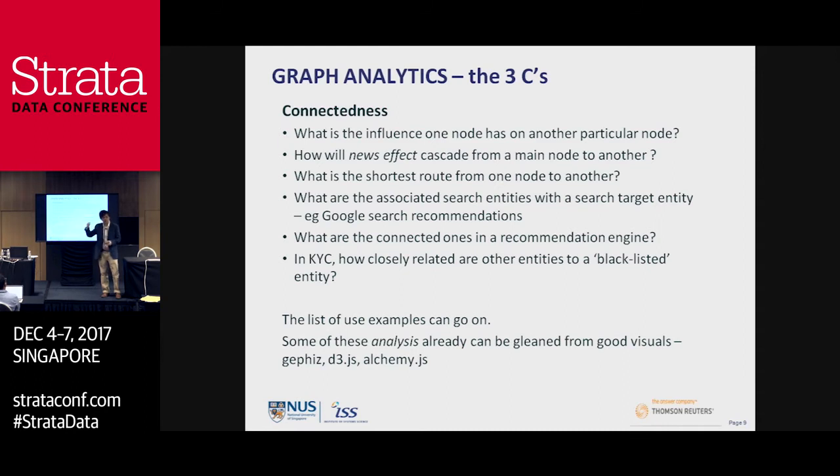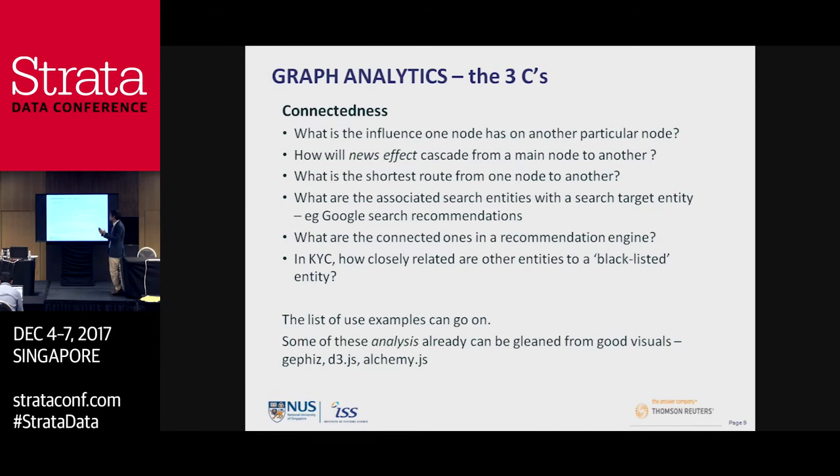It could be an offshore company that's related to the actual blacklisted company, and even some degree of separations. So by using a network, we are essentially using a net instead of just a fishing rod to identify the blacklisted company or entity.